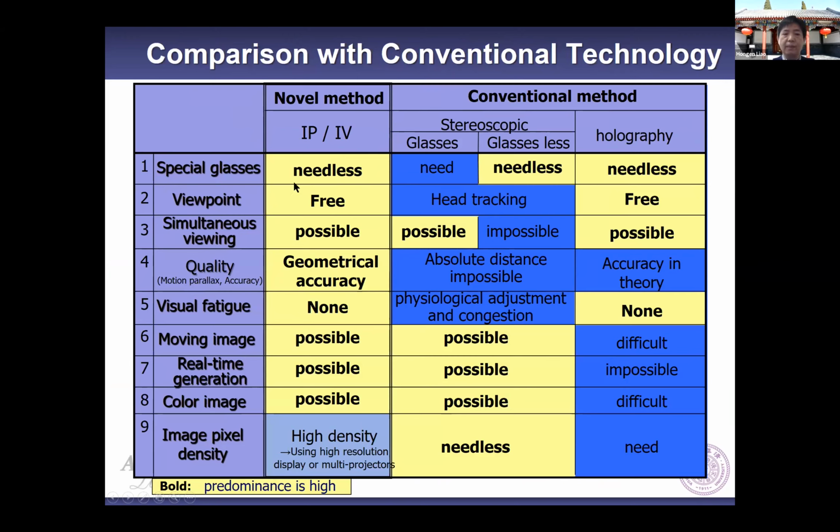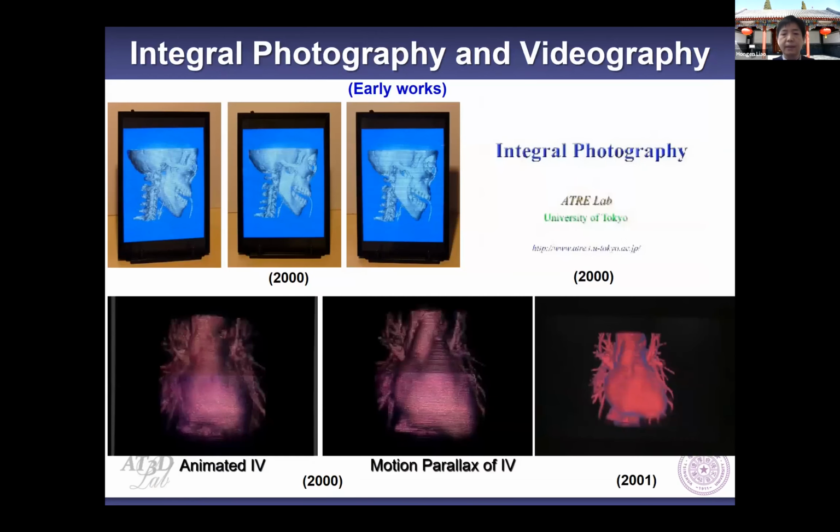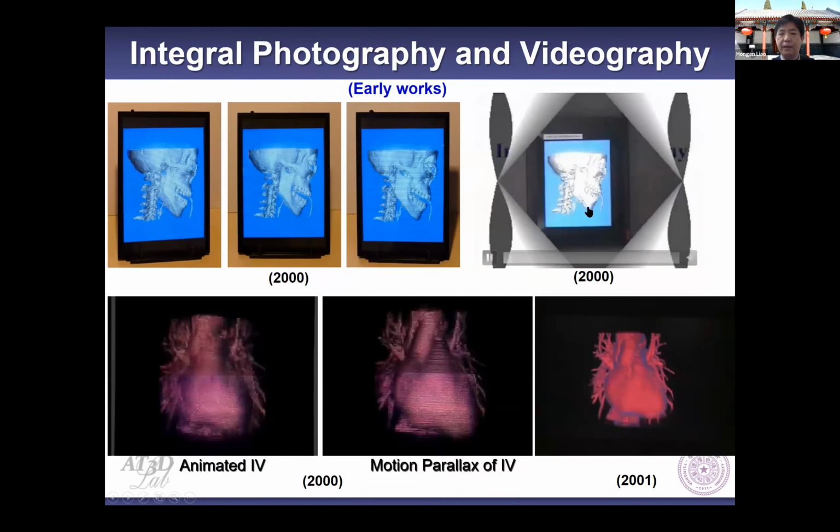The viewpoint is free, it can be viewed by several people, and the image is highly accurate in geometrical 3D space. Compared with stereoscopy and holography, the image is easier to use in medicine, especially in image-guided surgery. So I will show some examples of our display.